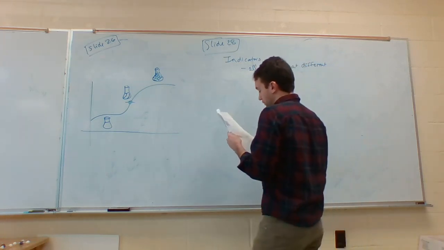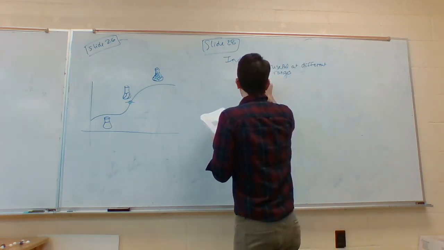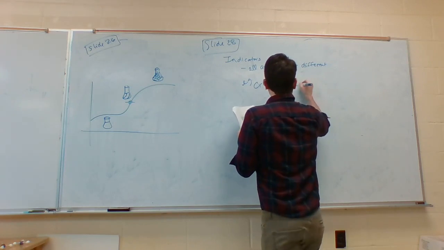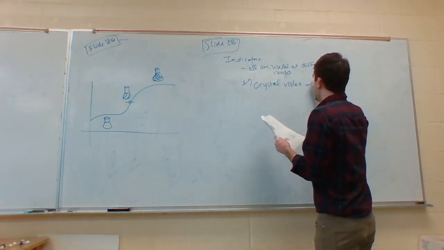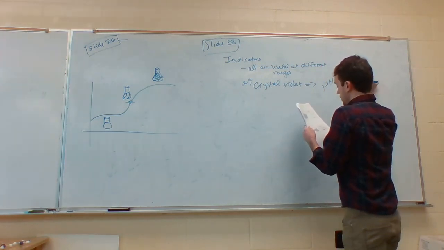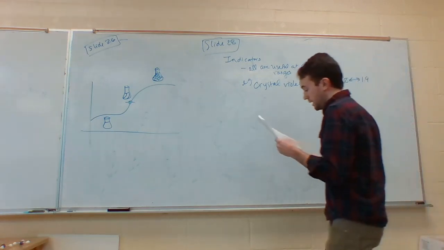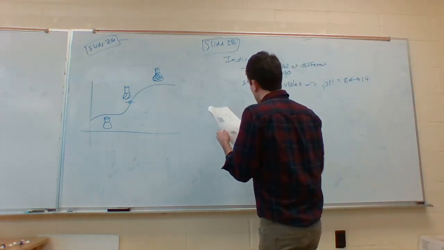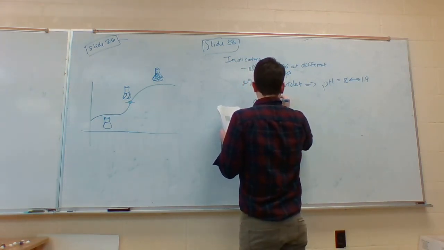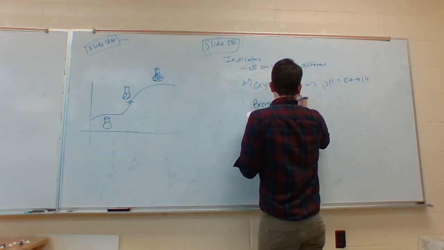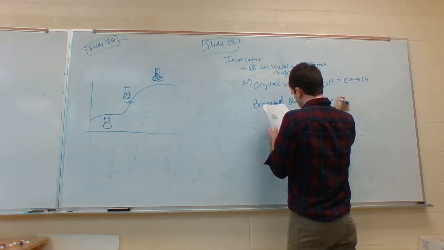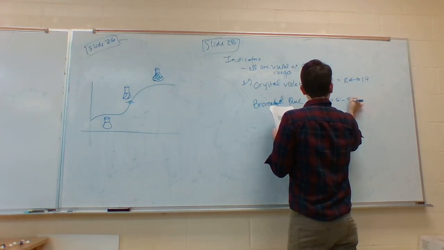For example, crystal violet is useful for the pH range from 0 to about 1.9, whereas something like bromothymol blue is useful at a pH range, it looks like, of 6 to 9.